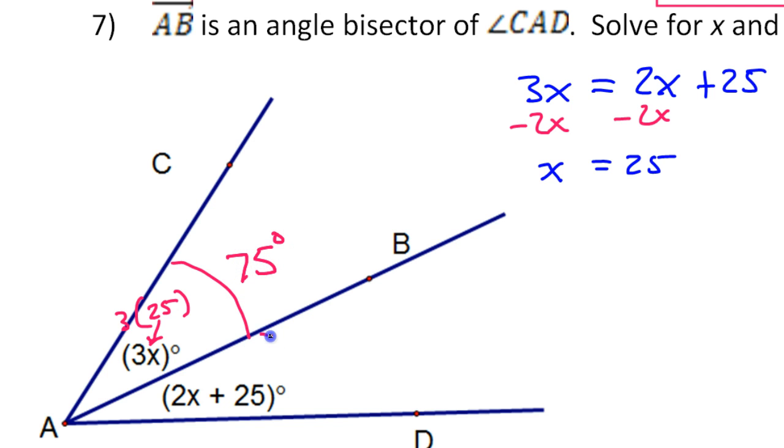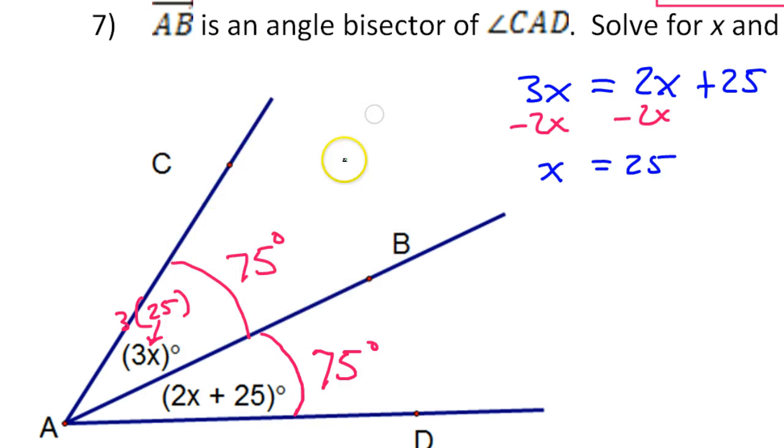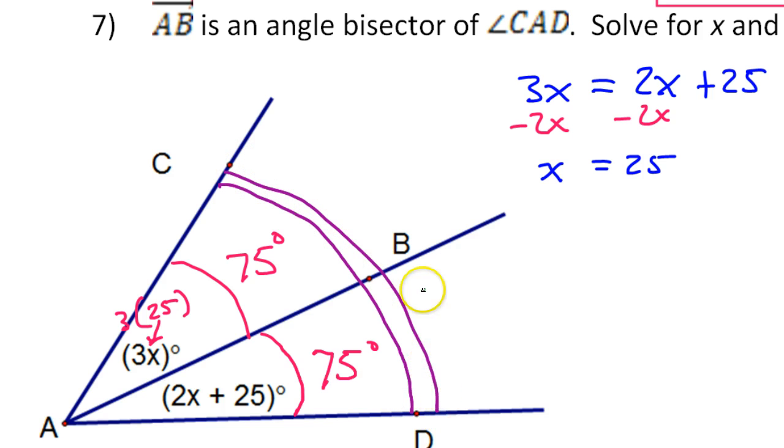Which of course means that this angle is also a 75-degree angle, because it's a bisector. These have to be the same. And if they ask us for the whole thing, 75 plus 75 is 150. So altogether that's going to be 150 degrees.